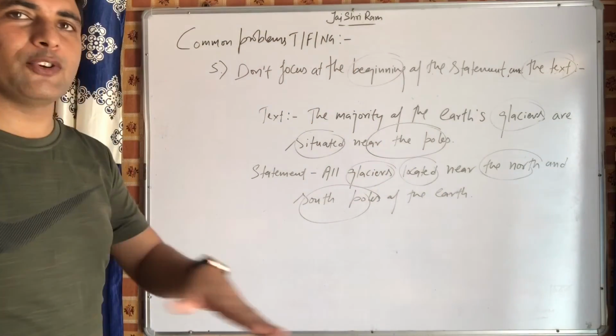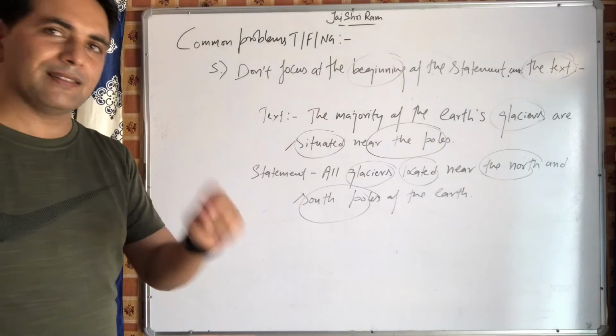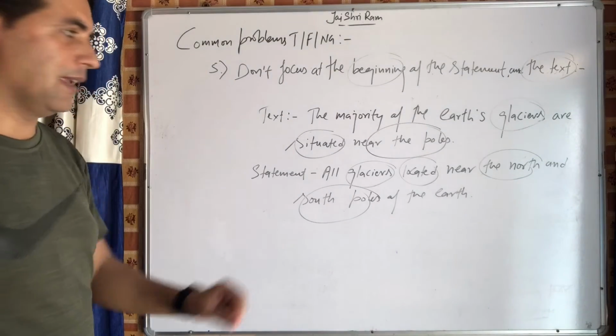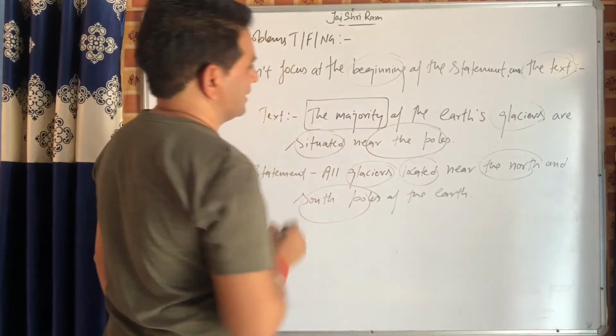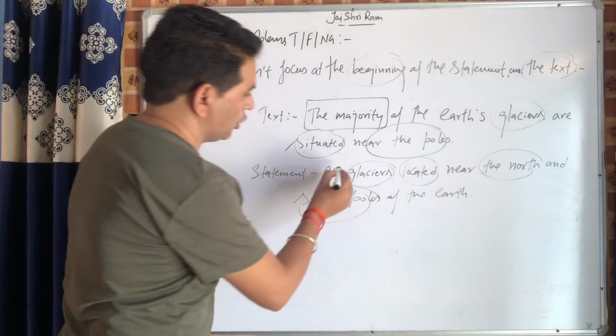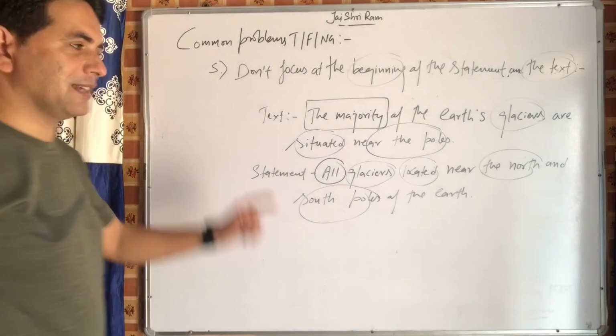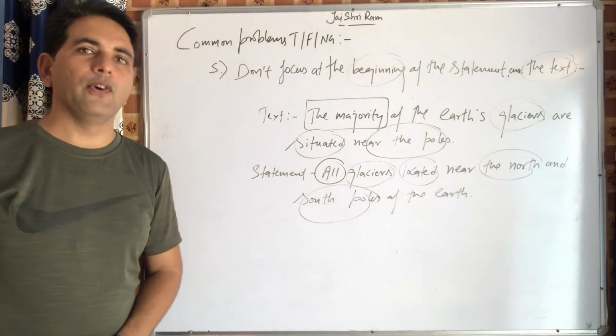So they just try to match the keywords, but don't forget we are here to match the meaning. And you can see here clearly that in the text we are talking about the majority, and here in the statement we are talking about all. So in this condition your answer will be false.